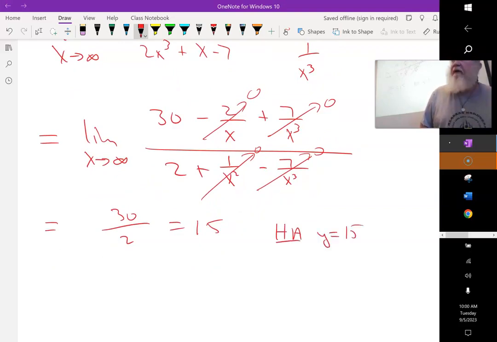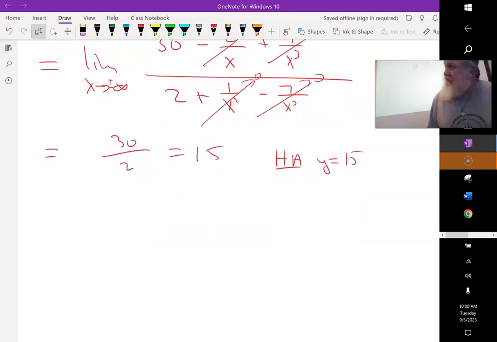Y equals what? 15. Which on your old TI-84s probably wouldn't show up, because your screen's from minus 10 to 10 without doing more exploration. All right. And then if we went to minus infinity, it would be exactly the same thing, because all those would go to 0. Okay.